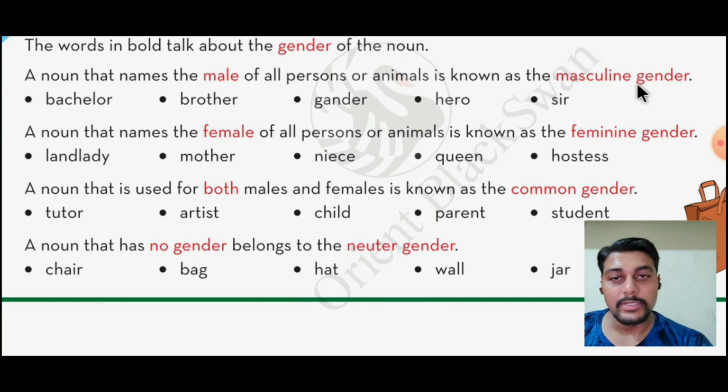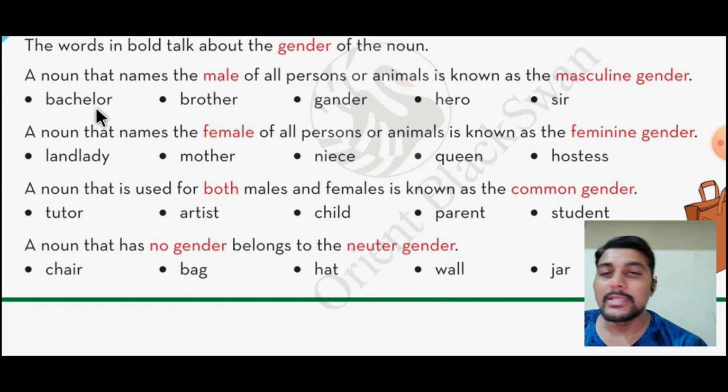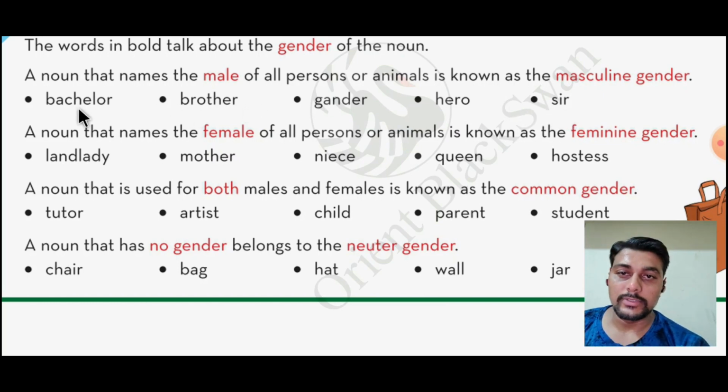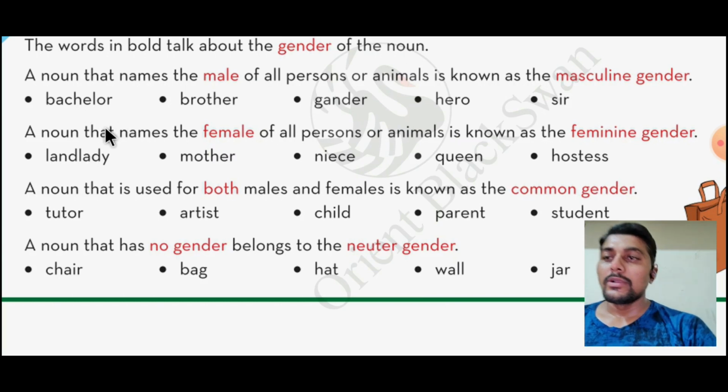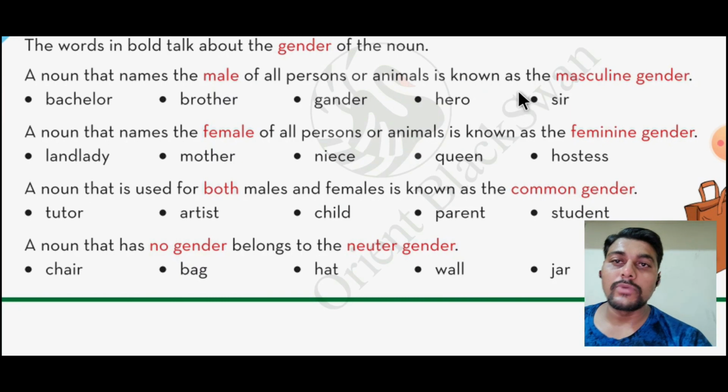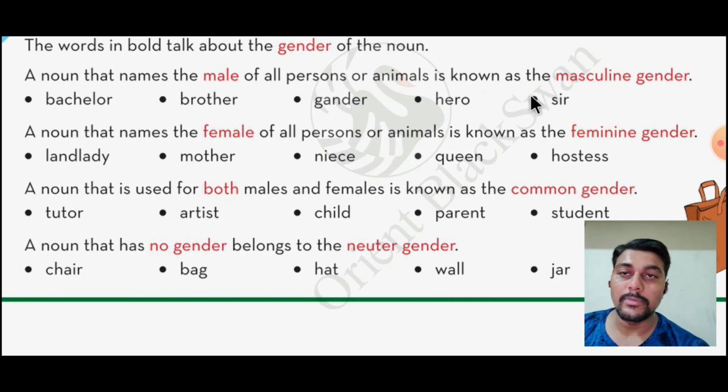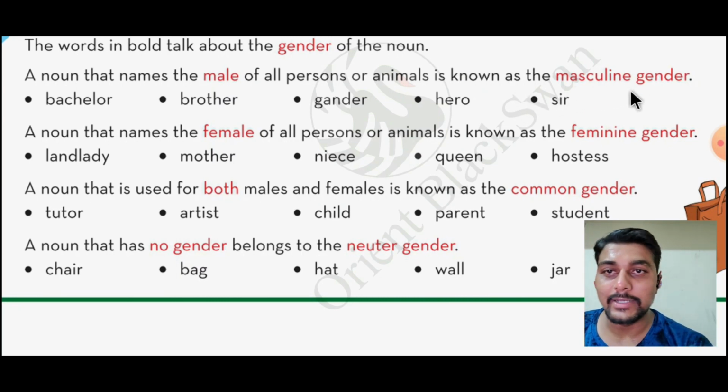We have completed all these things in the previous one also. Examples are bachelor, brother, gender, hero and sir. Bachelor means कुंवारा. So these are all nouns which come in the category of masculine gender.